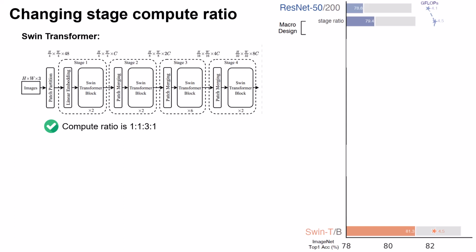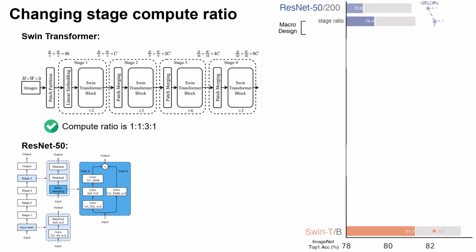But for the ResNeXt-ify, we do not have this compute ratio. In ResNeXt-ify, we again have 4 stages, and each stage has a couple of residual blocks, and the only difference between the stages is the spatial resolution. But when we look at the number of blocks in each stage, it is 3, 4, 6, 3. So they said, let's just change this compute ratio and make it the same as Swin Transformer.